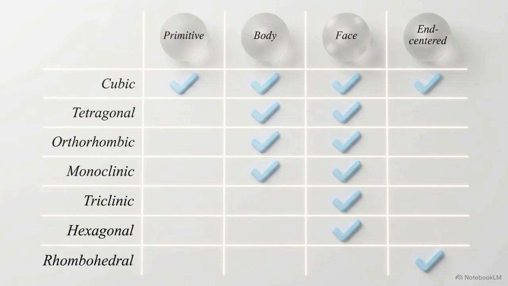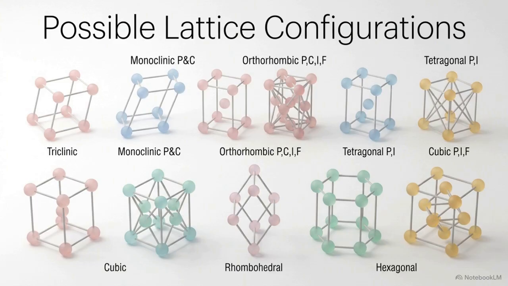Applying these specific centering configurations, primitive, body, face, and end-centered, to our 7 original crystal systems yields a strictly finite number of viable 3D translational arrangements. These combinations produce exactly 14 Bravais lattices. This is the absolute geometric limit for how points can repeat periodically in 3-dimensional space.